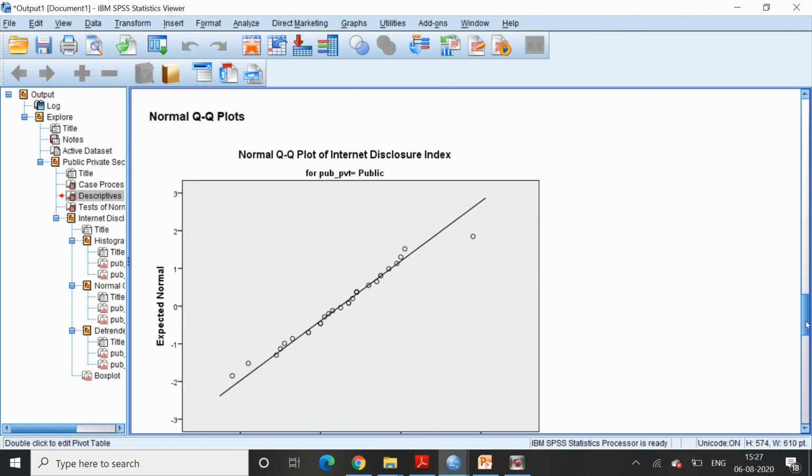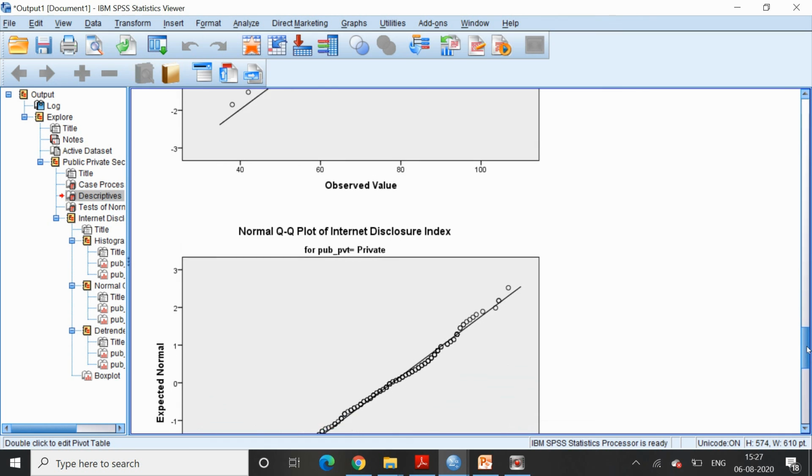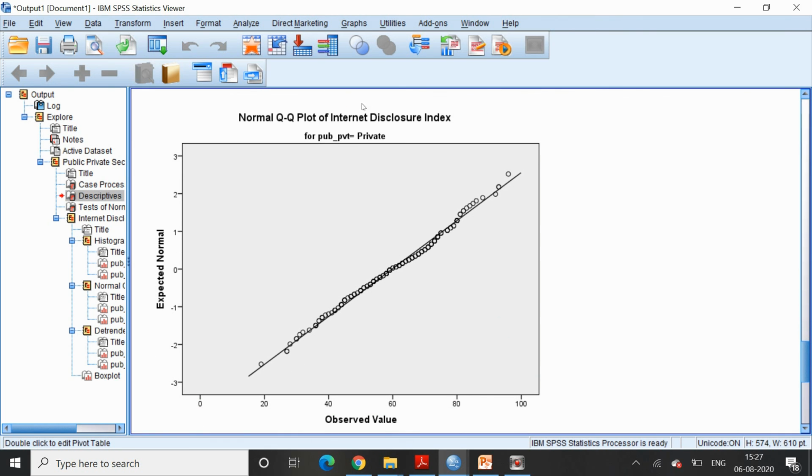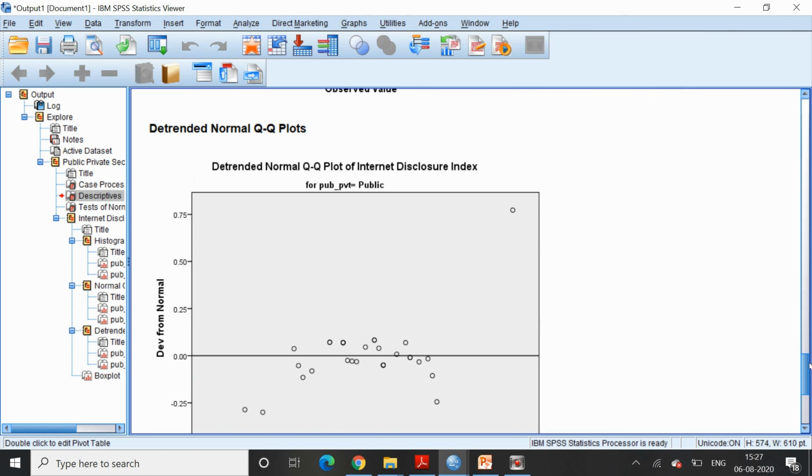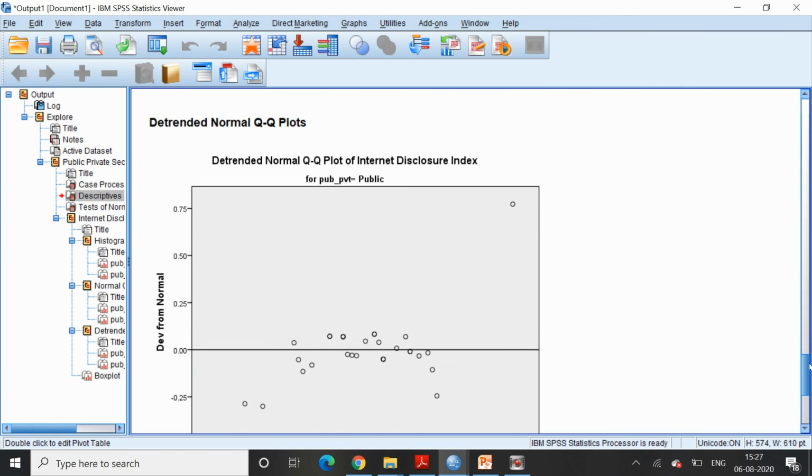Checking the QQ plots, most of the values lie on this line except for this value, but it is not causing much trouble. For the internet disclosure index, you see all the values are lying on this line. So this is how we would check the normality of our data.